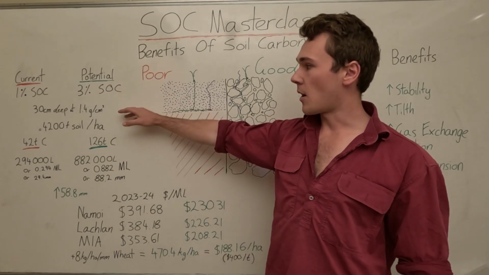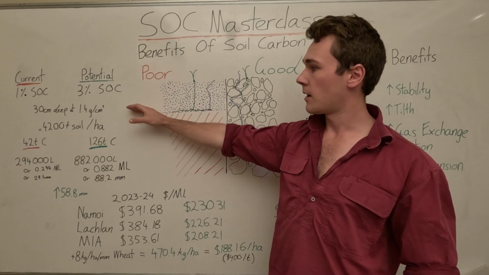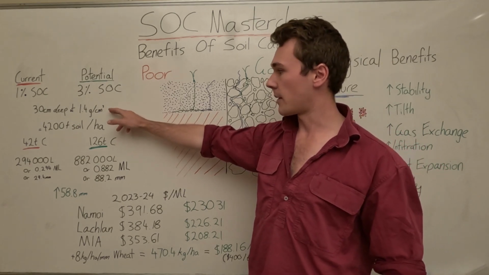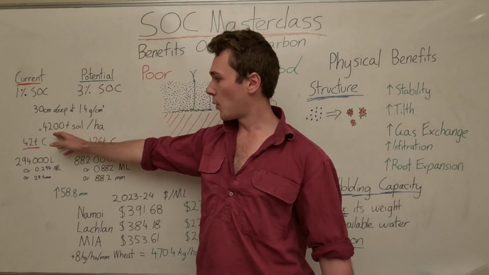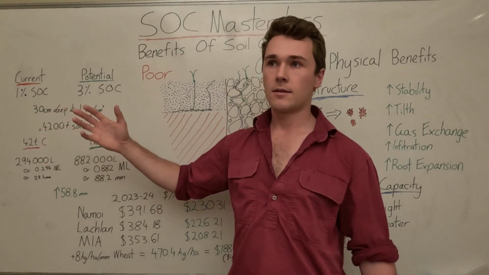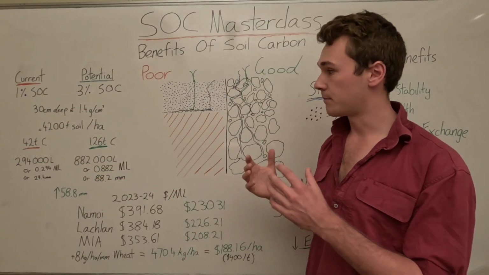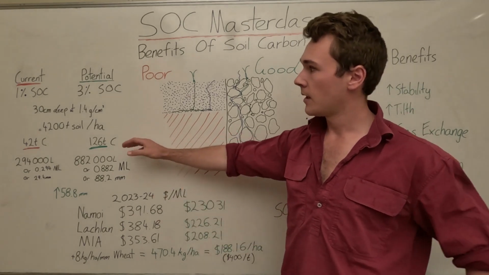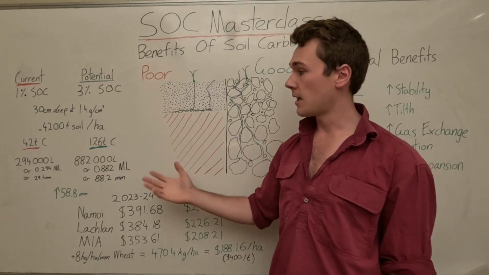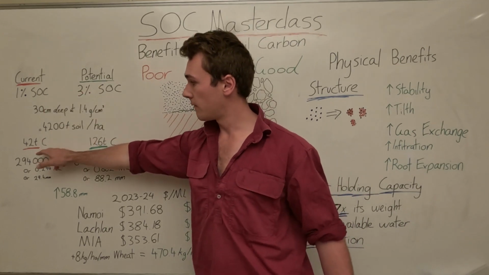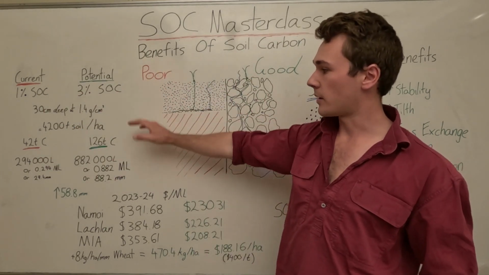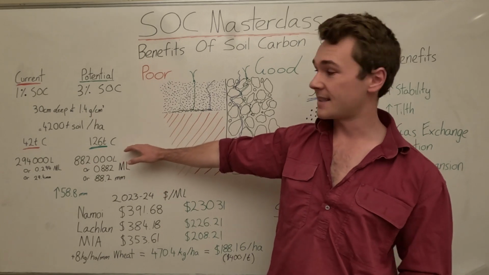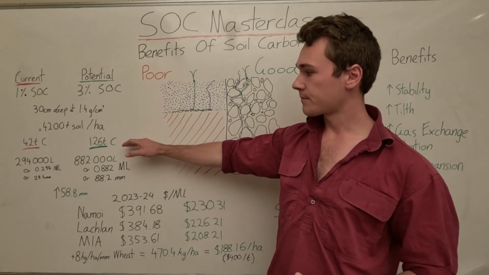At 30 centimeters deep, at 1.4 grams per cubic centimeter, which is our bulk density, we have about 4,200 tons of pure soil per hectare. So if we worked out the amount of carbon in our soil, it works out to be currently 42 tons, and at our improved potential soil organic carbon levels we would have about 126 tons of carbon.